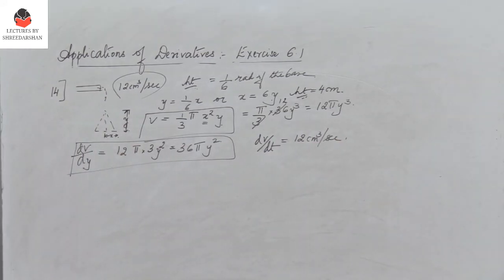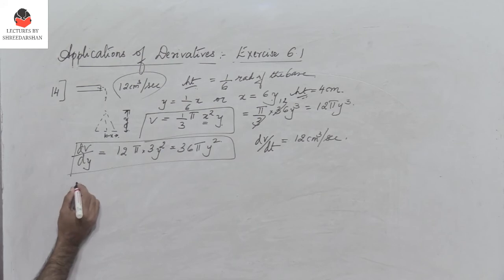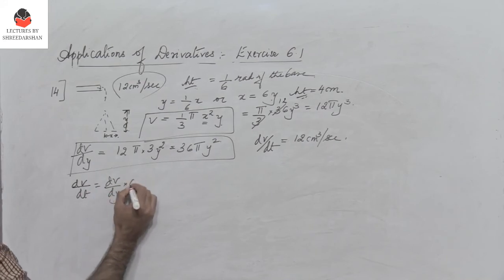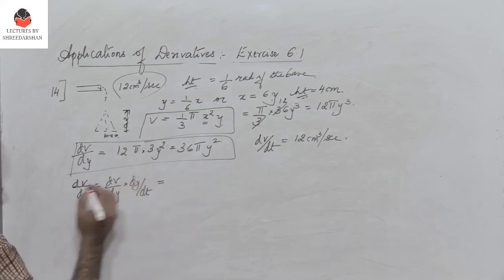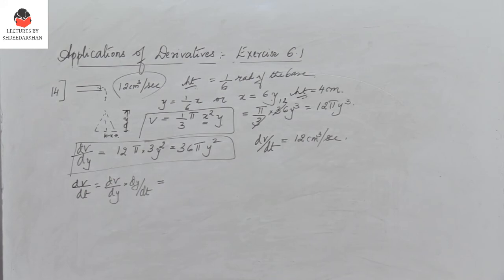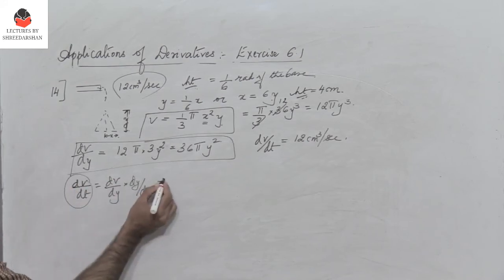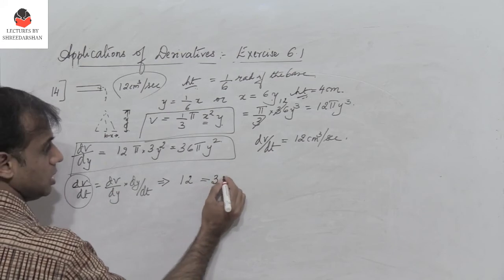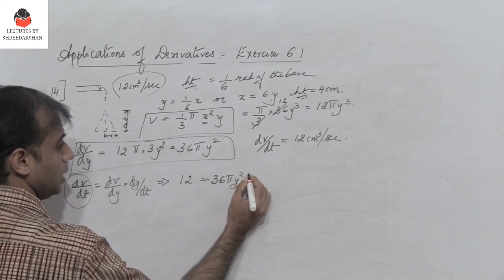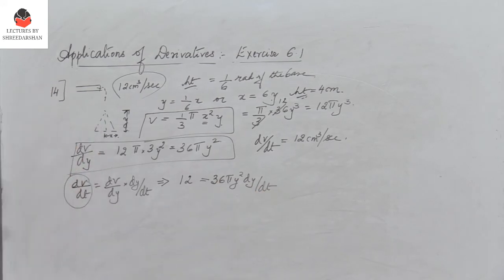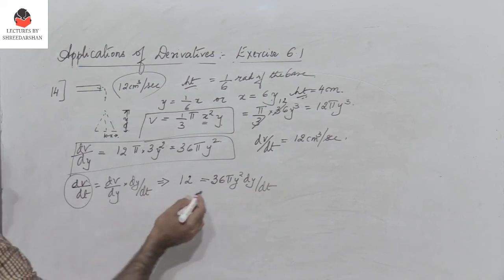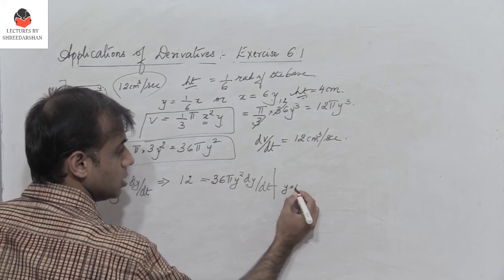Now I need to find dy by dt. dV by dt can be written as dV by dy into dy by dt. dV by dt is known, which is 12, so 12 equals dV by dy, which is 36 pi y square, into dy by dt. What I need to find is dy by dt when the height is 4, so when y equals 4 centimeters.